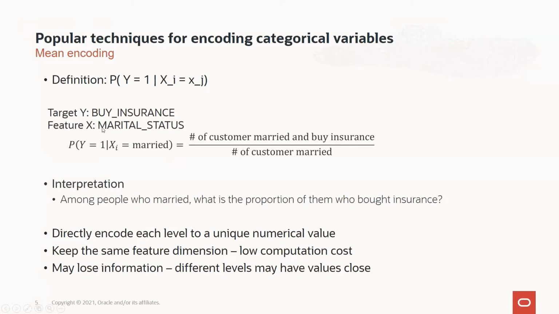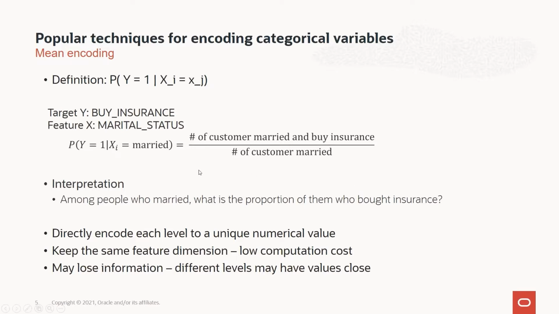For example, suppose we want to predict a binary flag for whether people buy insurance or not. If we want to encode the marital status feature, we naturally want to calculate, among the people who are married, the proportion of them who bought insurance. This gives us an idea of how likely, once we see a married person, they are to have bought insurance.